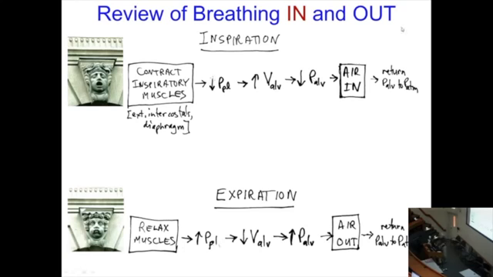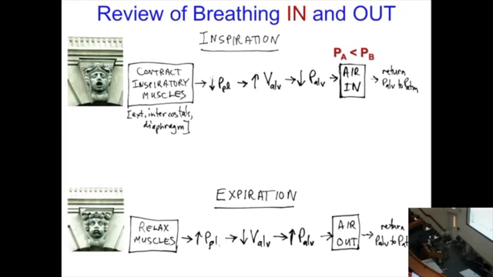And so as a result, alveolar pressure is less than barometric pressure, so air goes in. So air comes into the lungs. We're contracting our inspiratory muscles. We've expanded the thoracic cavity. Air comes in until the alveolar pressure equals barometric pressure, and then airflow stops. So that would be the end of inspiration.